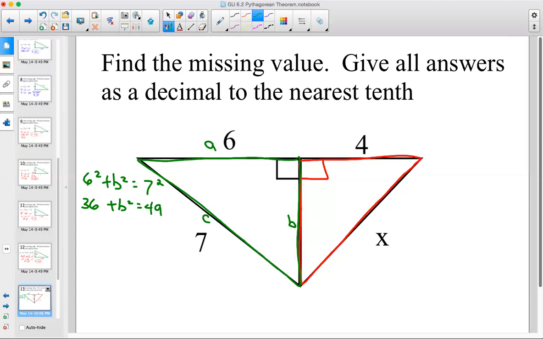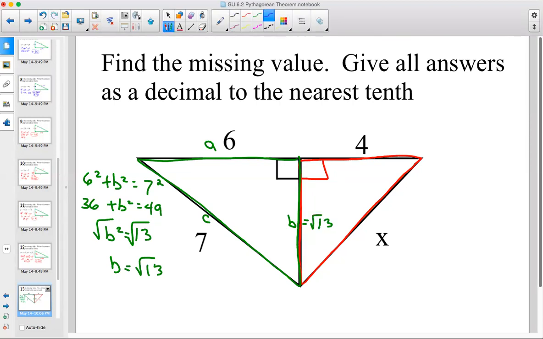When I subtract 36 from both sides, I get B squared equals 13. I took the square root, I don't need the square anymore. I'll get B equals radical 13. All right, that can't simplify. So I'm going to leave it like that for right now. So this length right here is radical 13.